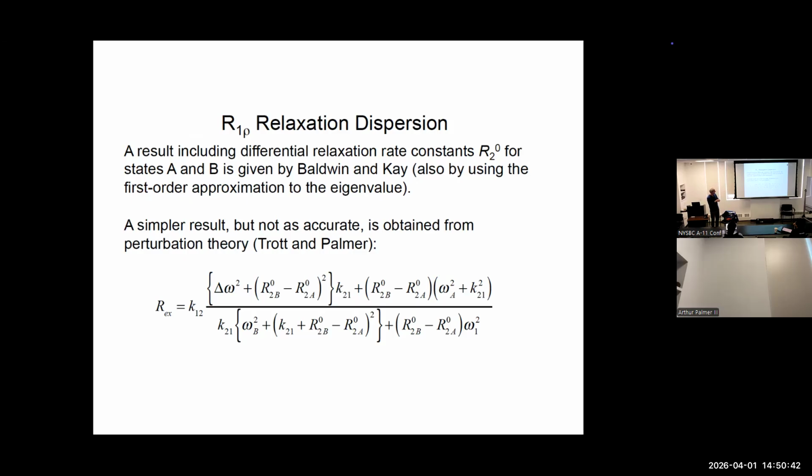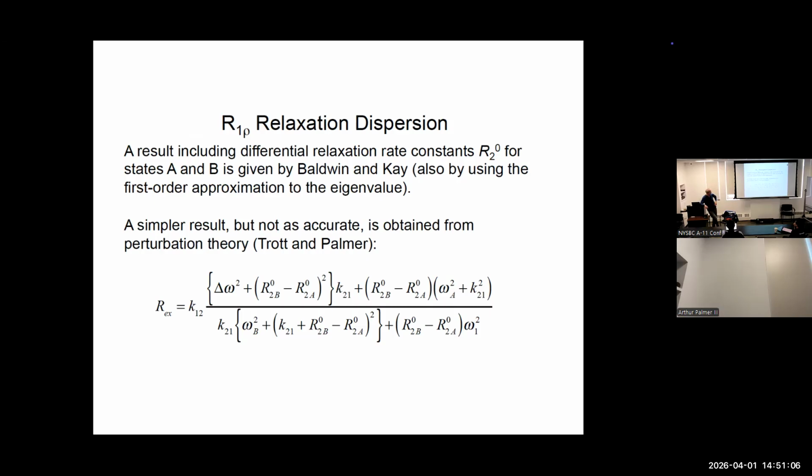The Baldwin and Kay paper does it more or less following Oleg's approach, and you get pretty complicated expressions that I can't fit on one slide. But the perturbation approach I can fit on one slide. And you can look at this. And part of the point of mathematics is to gain insight into things.